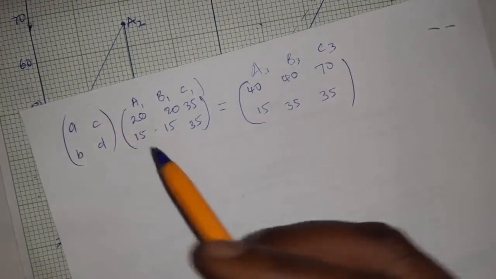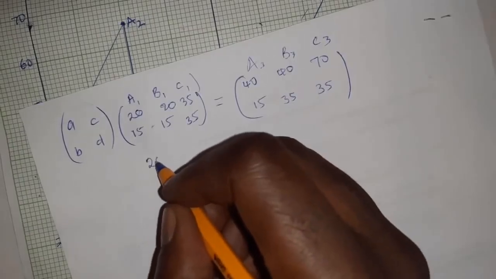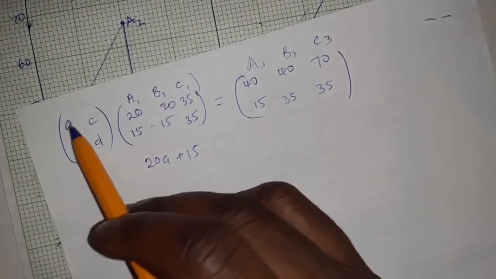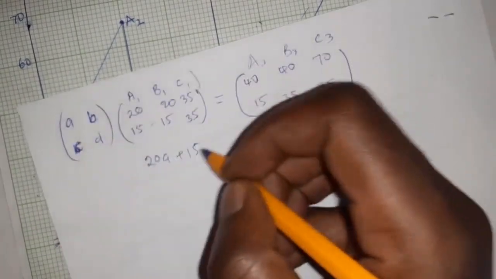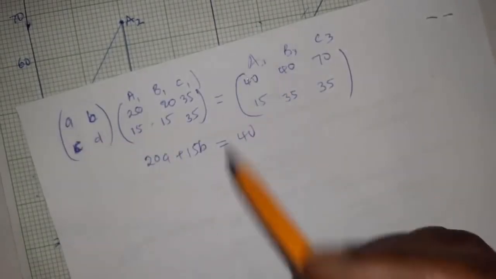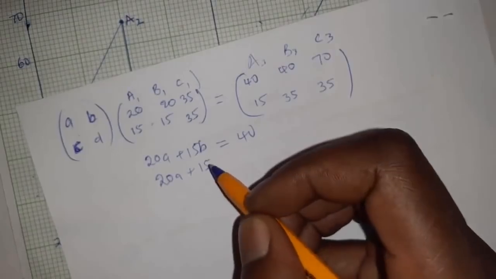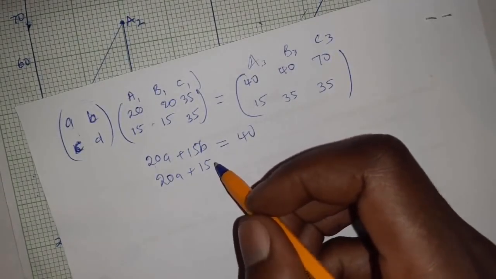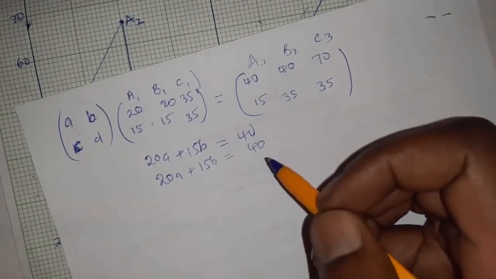When you find this matrix, you're going to say, you can have A, this will be 20A plus 15, oh sorry, this is supposed to be A, B, and C, D. Sorry, this B is equals to 40. And again, we can say 20A plus 35B is equals to 40.